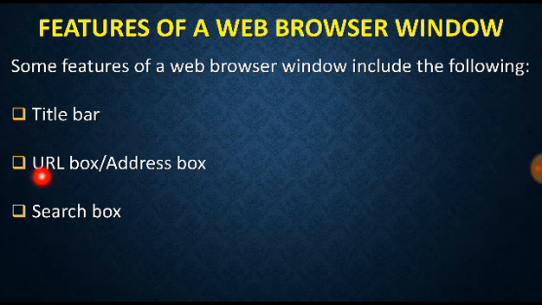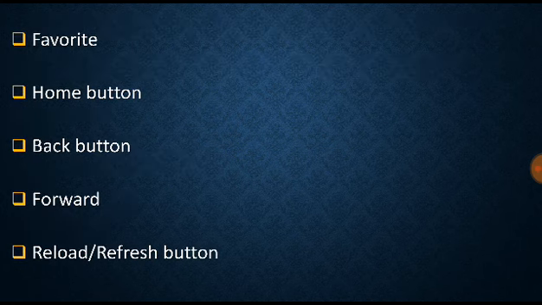The next one we have the URL box or the Uniform Resource Locator box, which is also known as the address box. The next one we have the search box. We have favorite, home button, back button. We have the forward button.